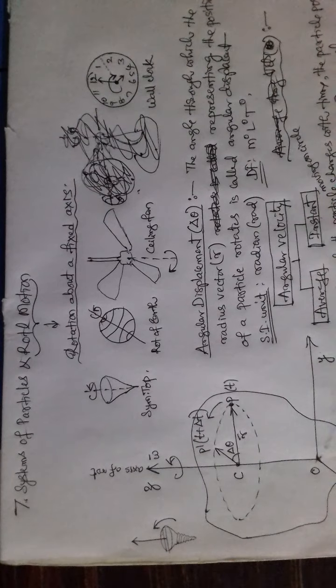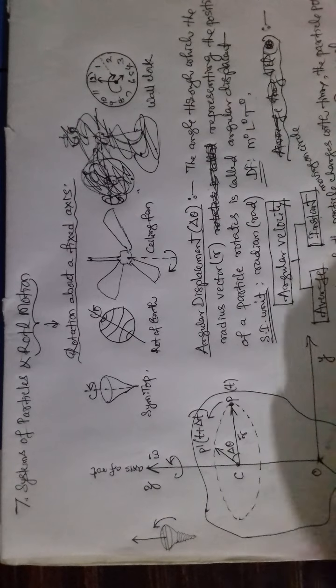See once again, as the position of the particle is changing with time, moving on the circle, we say this particle possesses angular velocity.